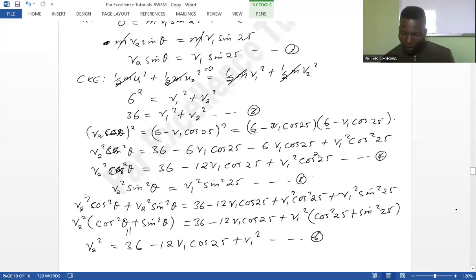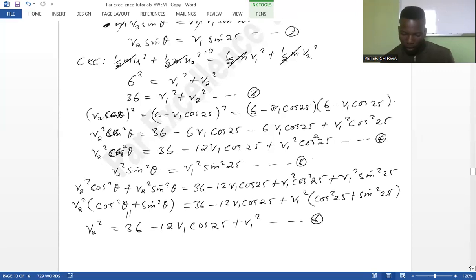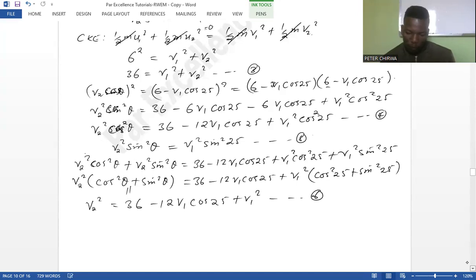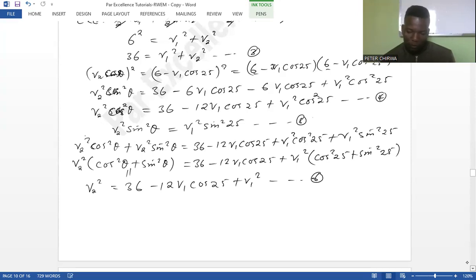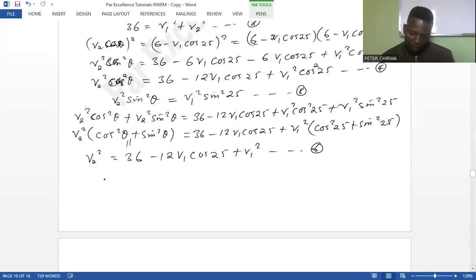So now, making v2 squared the subject of the formula of equation 3, this is what I'm going to have. v2 squared is going to be equal to 36 minus v1 squared.